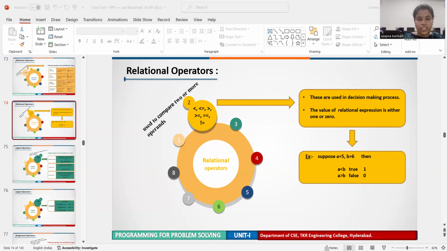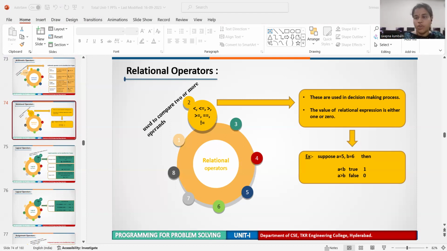So equal to is specified with double equal. And finally, not equal to. So these are the various relational operators available.